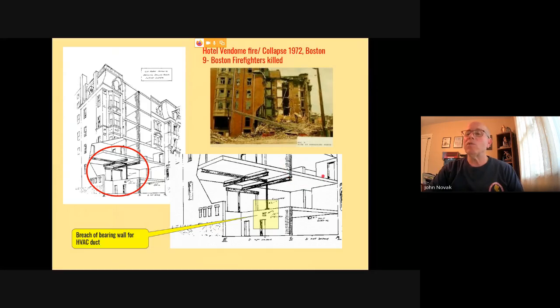And nine Boston firefighters were killed that day. You can see here one ladder truck just buried in debris, where this whole section of building came down onto the truck, and there were firefighters up doing overhaul at the time.